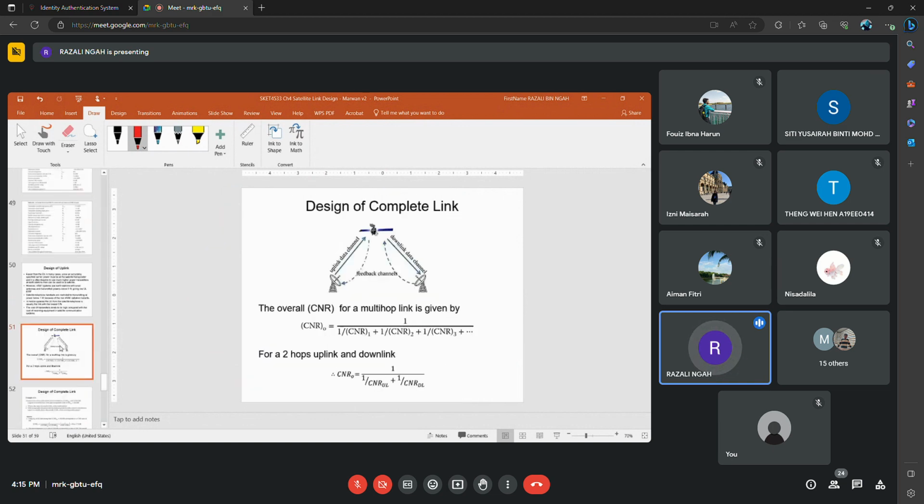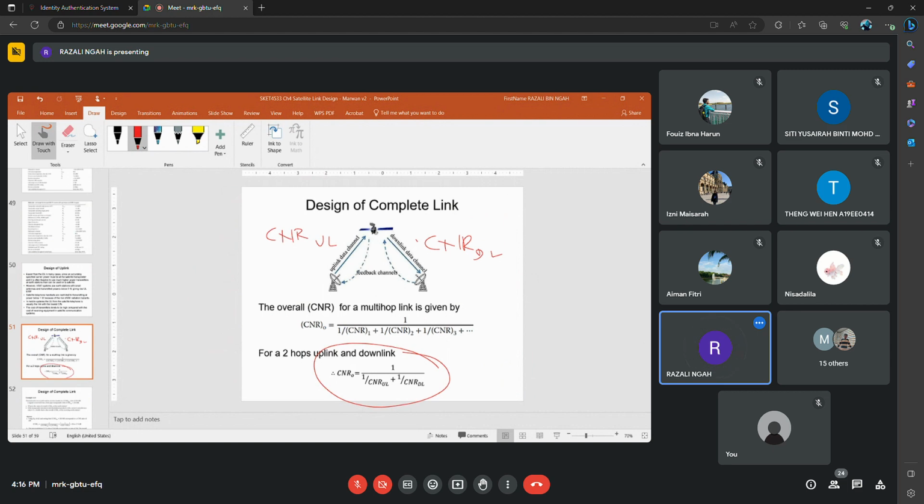So we use this formula to determine the overall CNR. So far we consider CNR uplink and CNR downlink. If we have more than 2 stations it extends, but normally we consider only 2 stations.